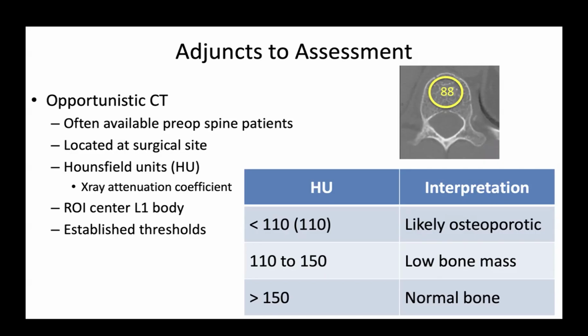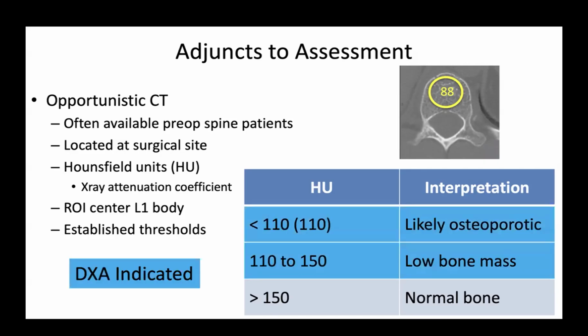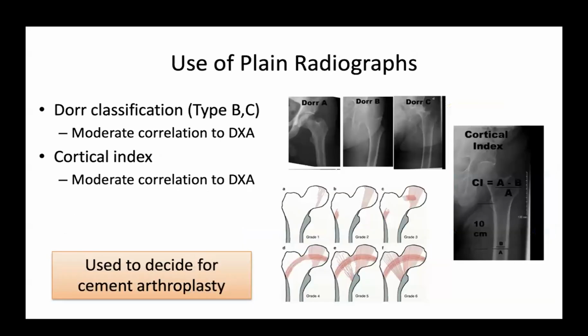Greater than 150 is normal bone. And if you have the first two, then that patient, I would recommend that patient have a DEXA scan. Surgeons would also use the value of those Hounsfield units to help us decide how we're going to treat that patient's surgery. So it does enter into surgical considerations, which I'm not going to talk about tonight.